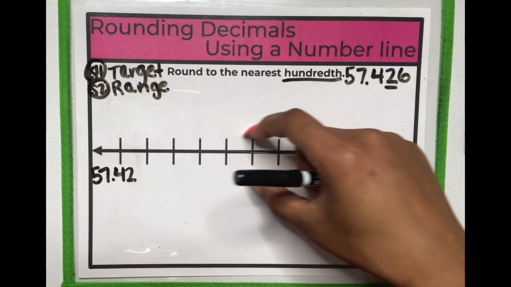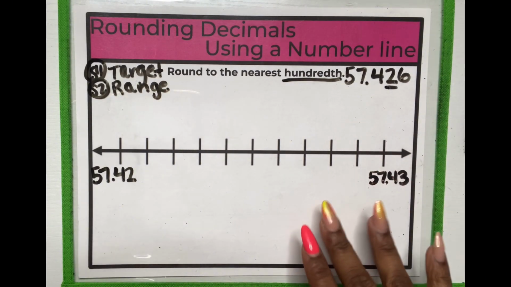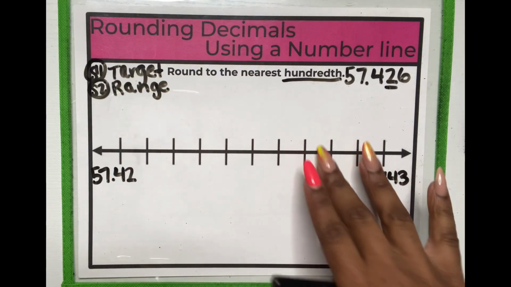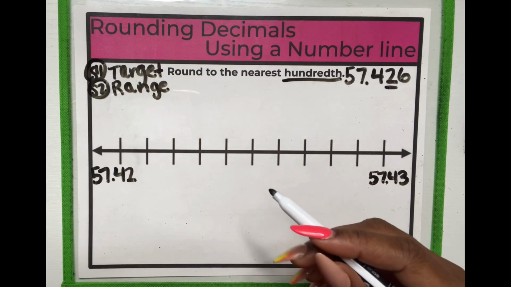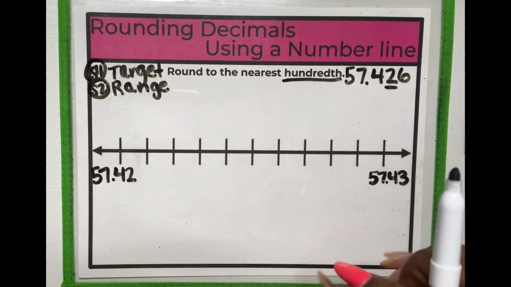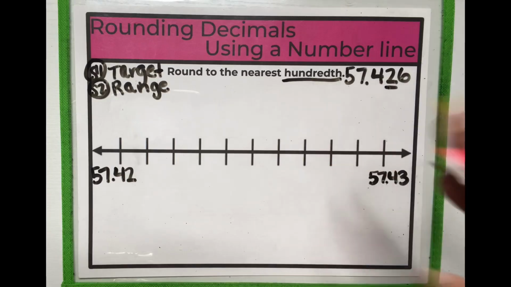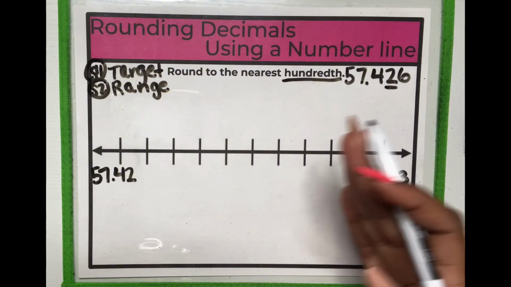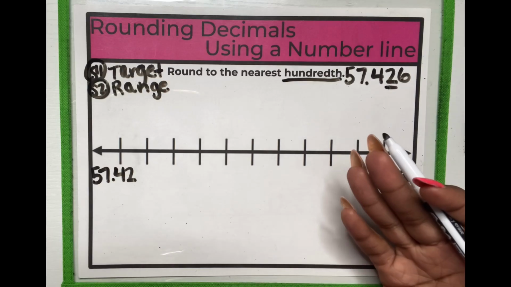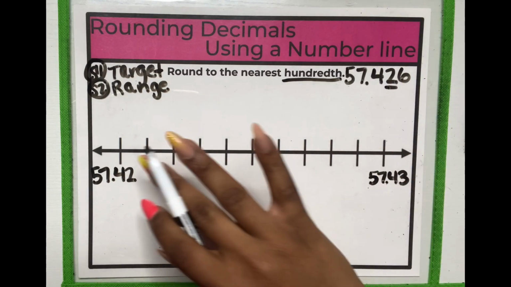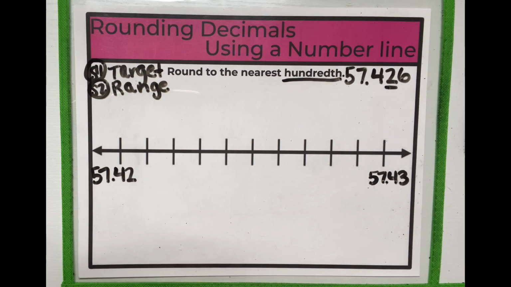It's like getting a closer view, going deeper and chopping into smaller pieces. And what's smaller than the hundredths place? It's the thousandths place.